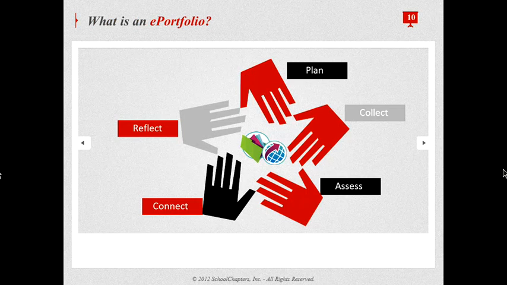And we had a large discussion about, well, what is an ePortfolio? What would it mean to our students? And what would it mean to our program and to the college?